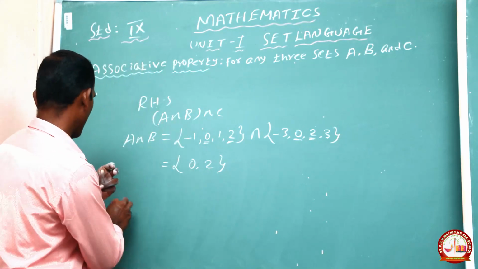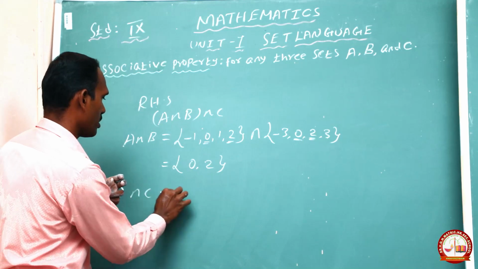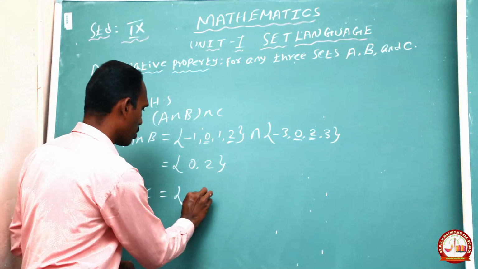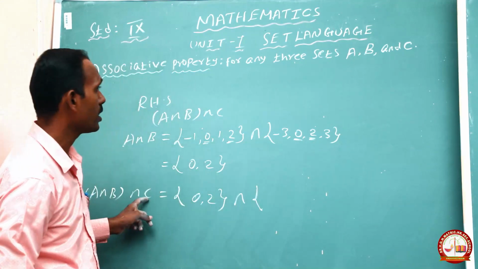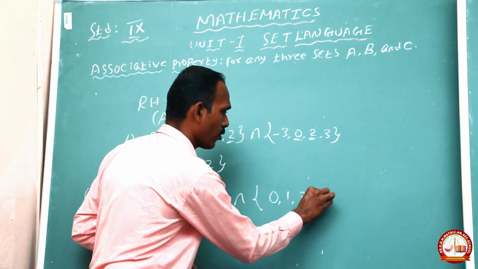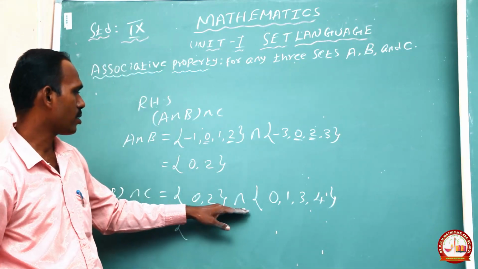Okay. Next we go to A intersection B and then intersection C. Already we found that A intersection B is 0, 2. We put it as it is and then put the intersection symbol. What is C? C is 0, 1, 3, 4. So again intersection symbol.